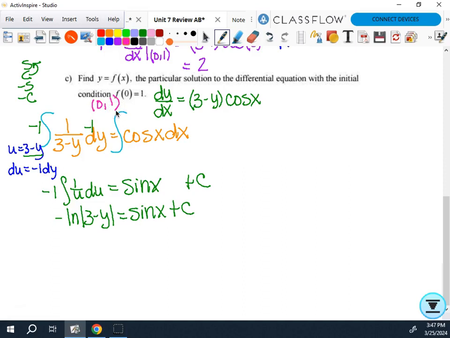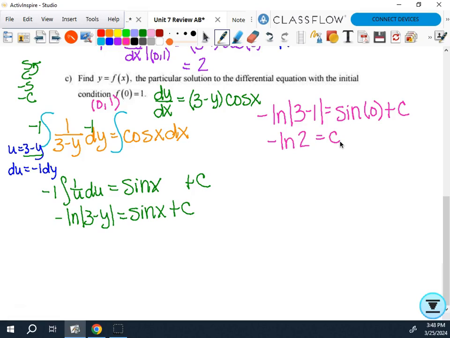So that means I'm going to have a negative natural log of the absolute value of 3 minus 1 equals the sine of 0 plus c. So this is going to be the negative natural log of 2. I can drop the absolute value signs because the absolute value of 2 is 2. Sine of 0 is 0, so that is equal to c.